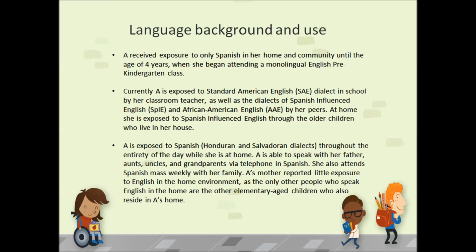She also speaks to her aunts, uncles, father, and grandparents via telephone in Spanish, so she's getting a lot of Spanish exposure as well. She attends Mass weekly, and her mom reported little exposure to English personally, since the mother does not speak English, but the other children who live in the home who are older speak English too.